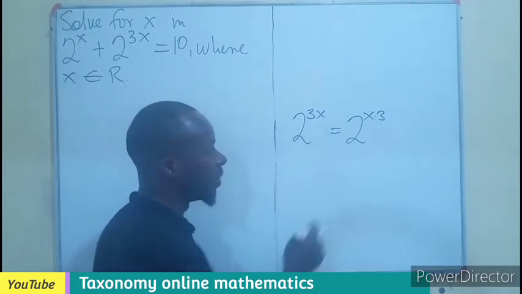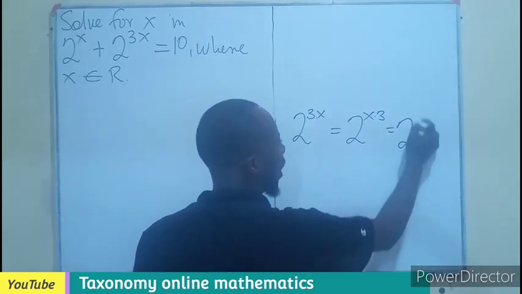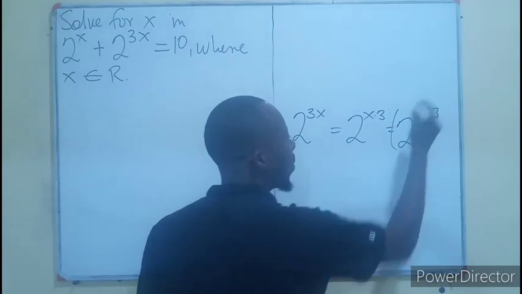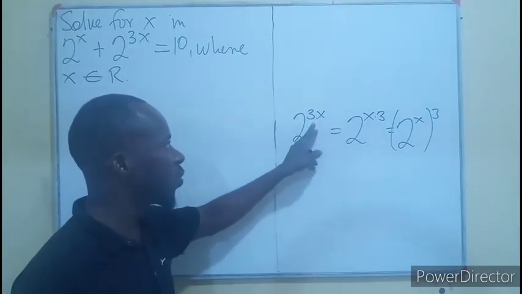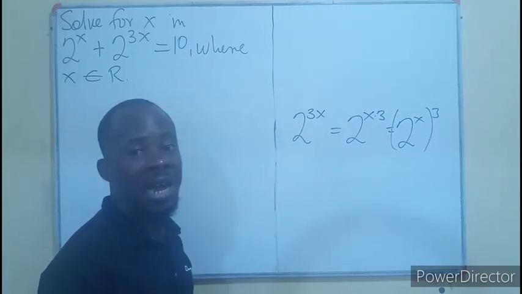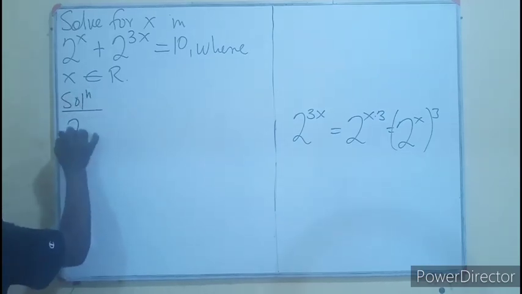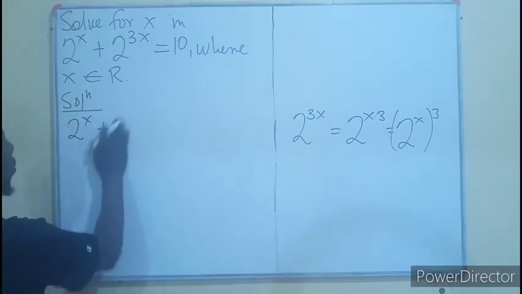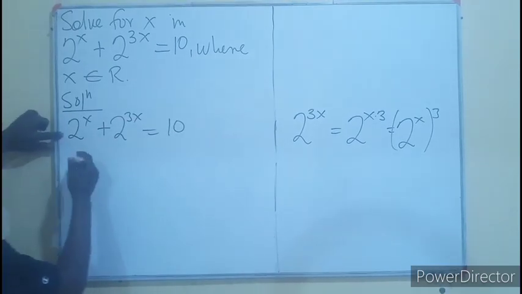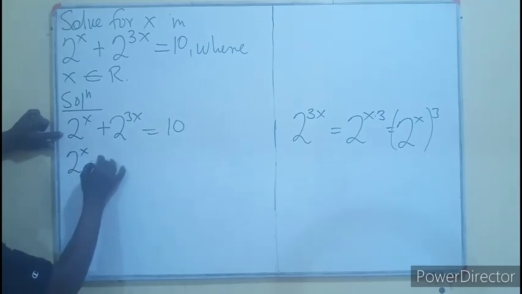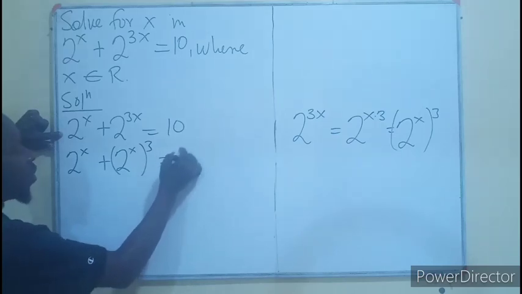In the laws of indices, if the powers are multiplied, we have 2^x raised to the power 3, which will still give us our 2^(3x). So in this case, we can rewrite this as 2^x + (2^x)^3 equals 10.